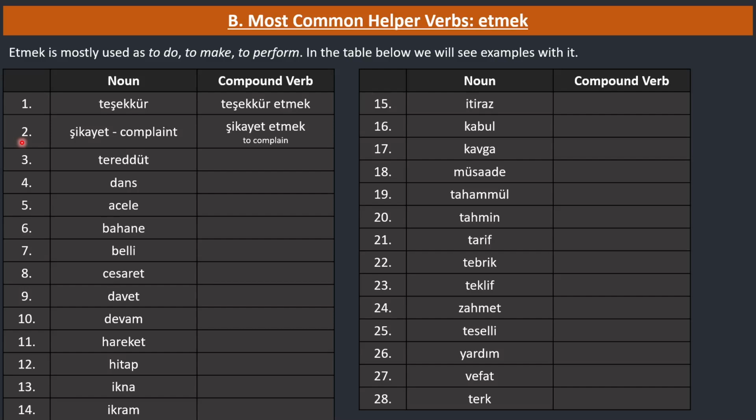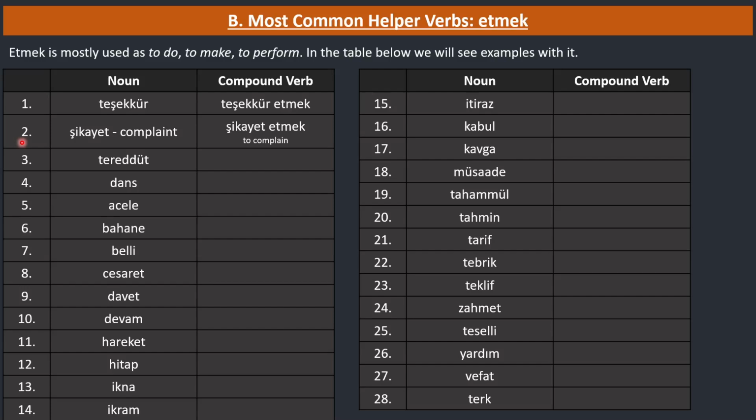Yeah, abracadabra, that works. There's also the report meaning. When you see some hacker in a game, when you see some troll in a server, you can say şikayet edelim. Let's report. I mean, basically, you can think of it as like, let's complain to the owner.